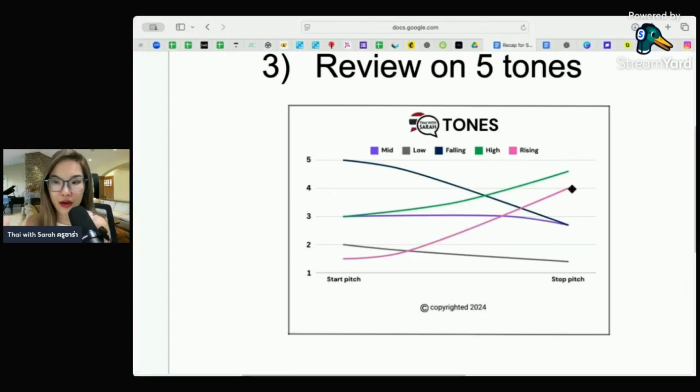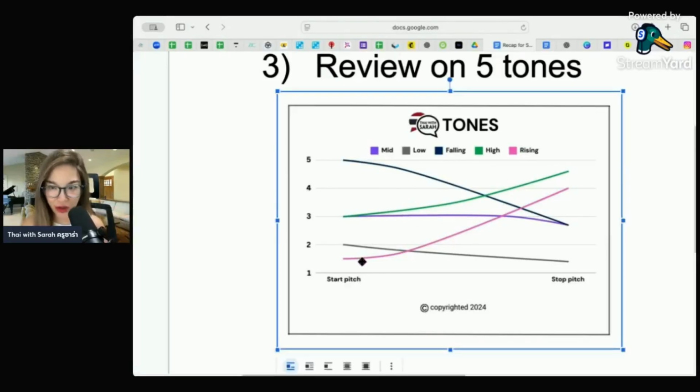Ma, ma. But high actually starts at mid, right? Ma, ma. For a male's pitch it would be ma, ma, instead of rising, ma.